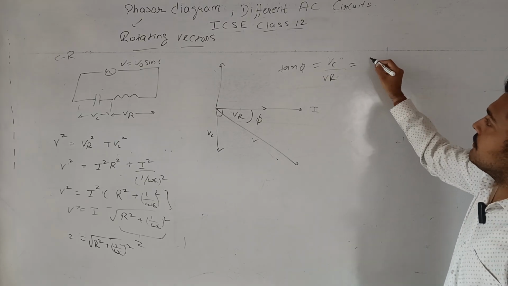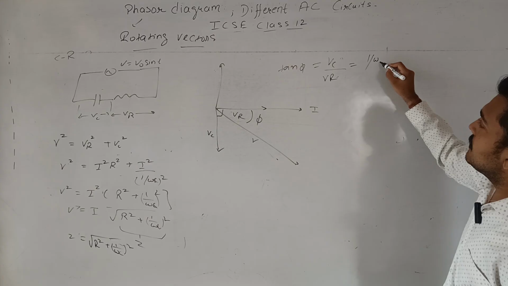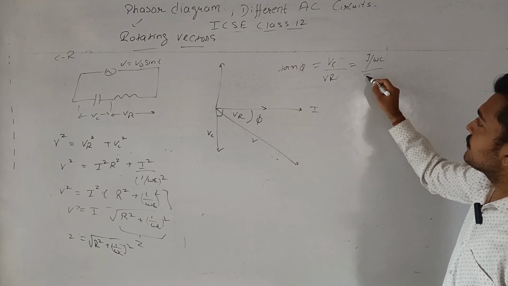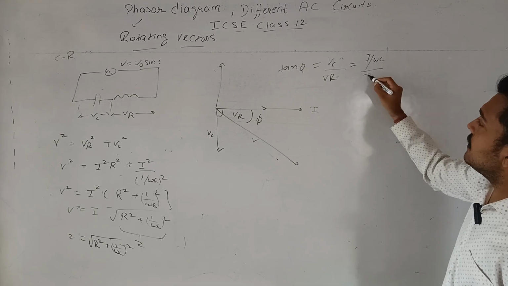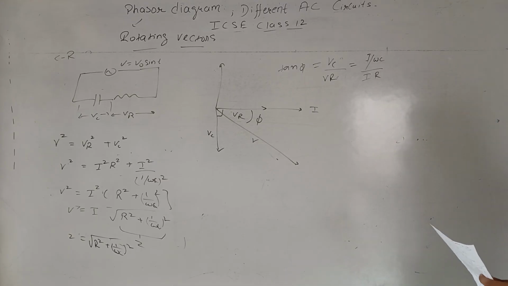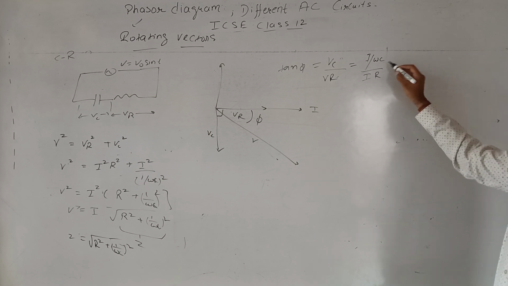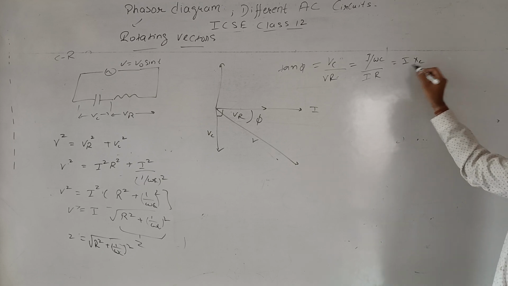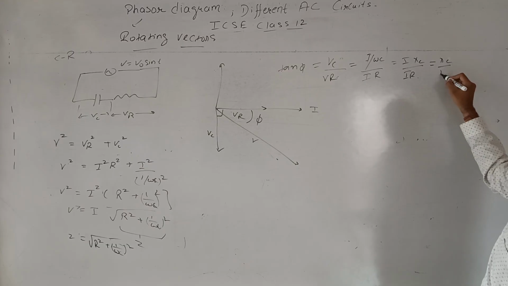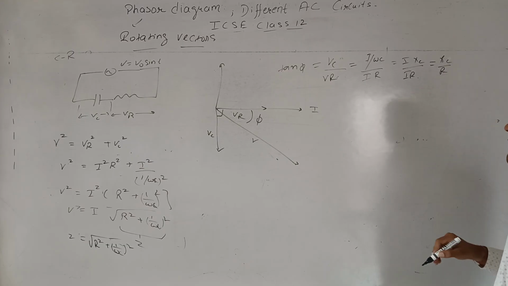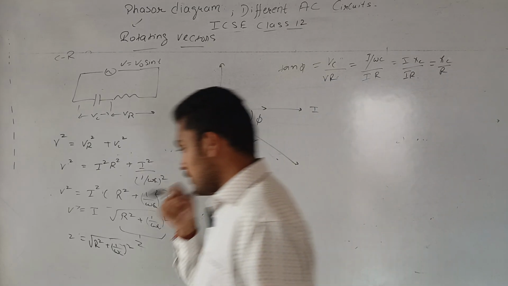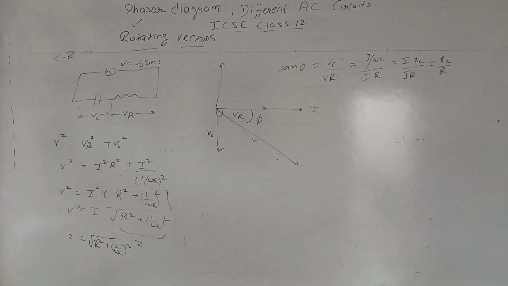VC is I into 1 by omega C, which is I into XC, and VR is I into R. So we get XC upon R. The capacitive reactance upon R is the tangent of phi, the angle between one vector and the resultant.